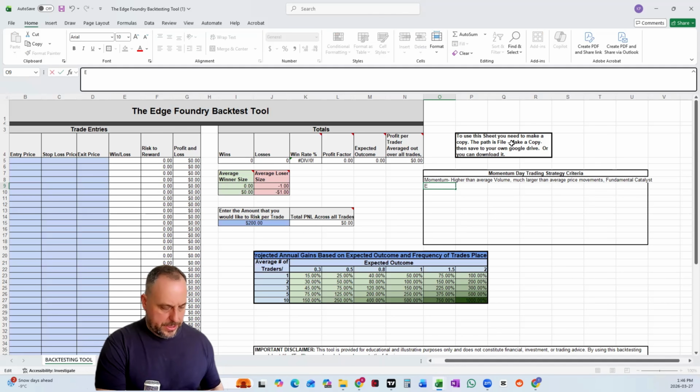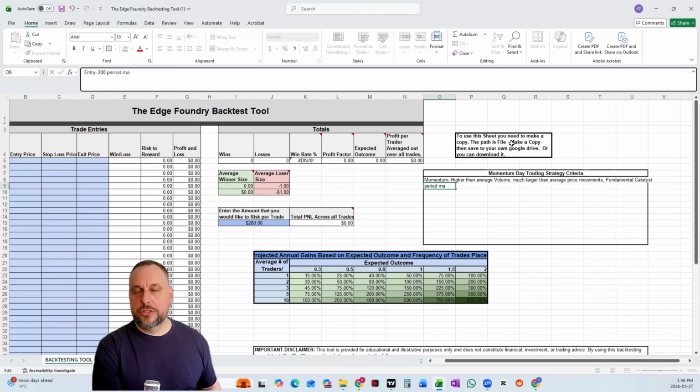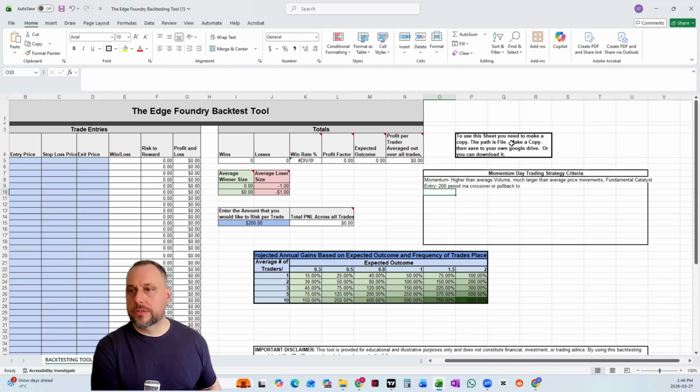So our entry criteria, that basic criteria that we've defined, is basically a 200 period moving average crossover, or even a pullback to the 200 moving average.